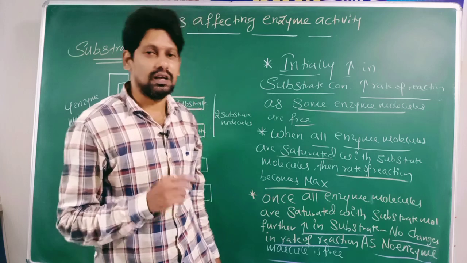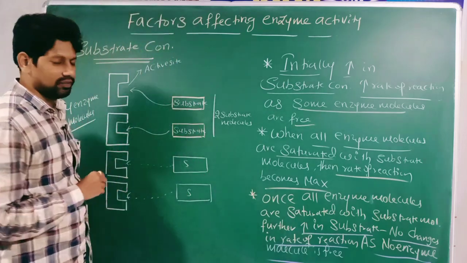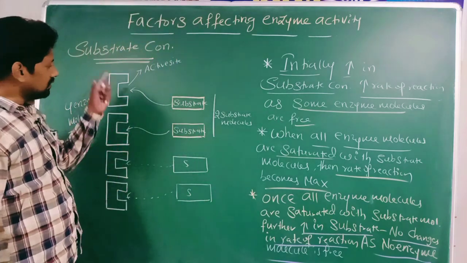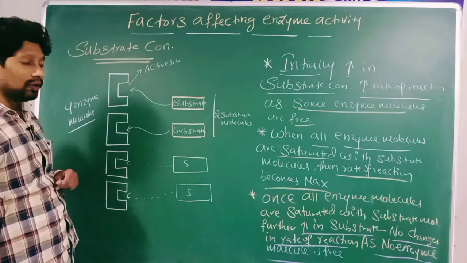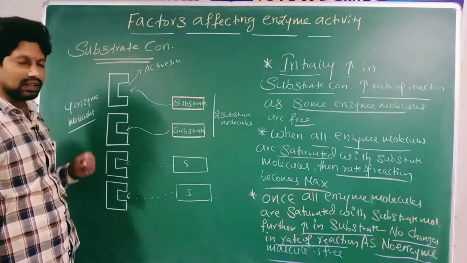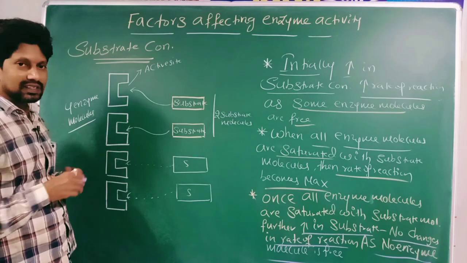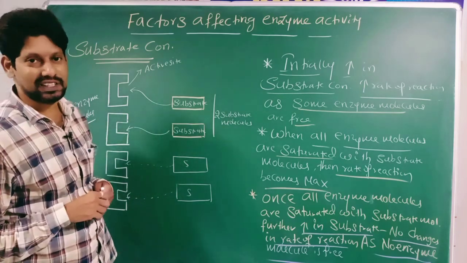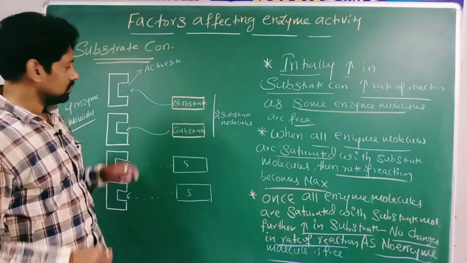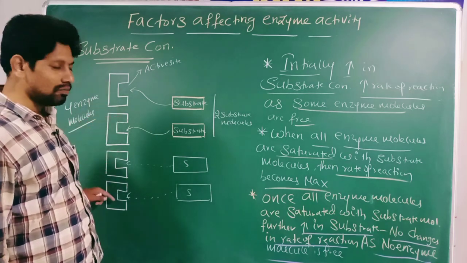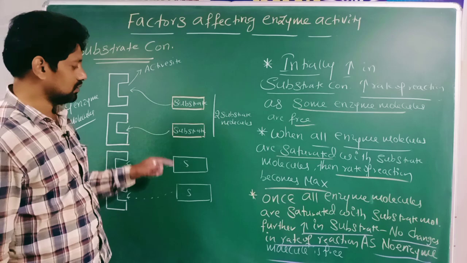Now, see this statement once. In this example, we have 4 enzyme molecules and 4 substrate molecules. When will the rate of reaction be maximum? When all 4 enzyme molecules are saturated with substrate molecules.